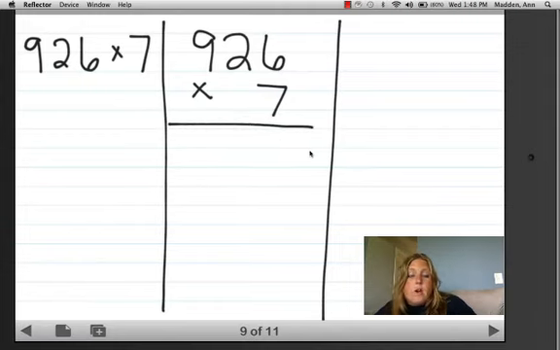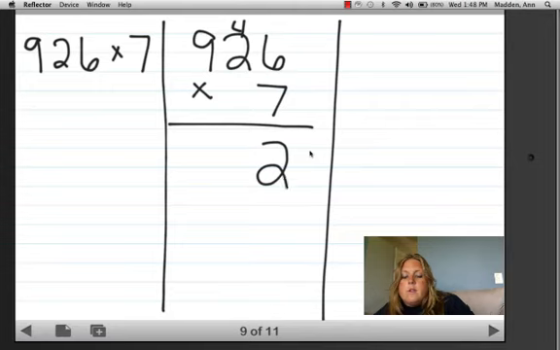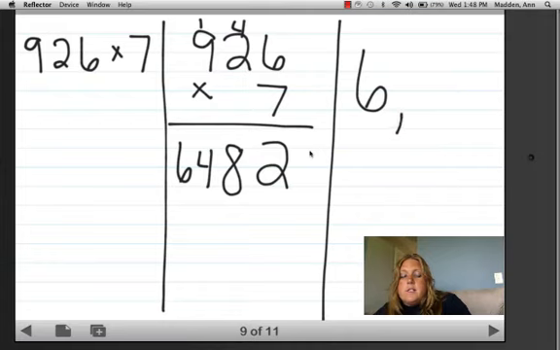Pause it, work it out, and then press play to check your answer. 6 times 7 is 42. 7 times 2 is 14. 14 plus 4 is 18. 7 times 9 is 63. 63 plus 1 is 64. So my answer is 6,482.